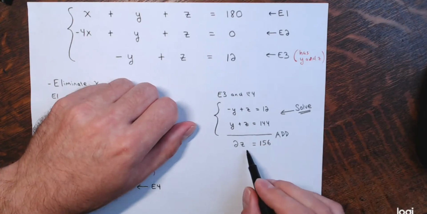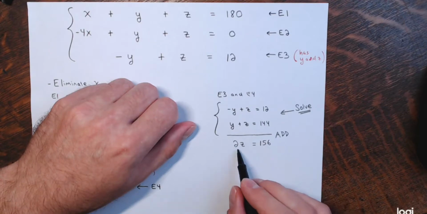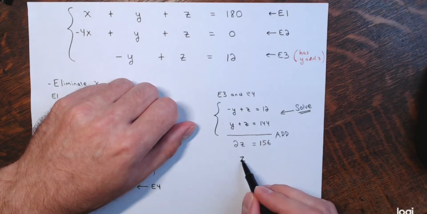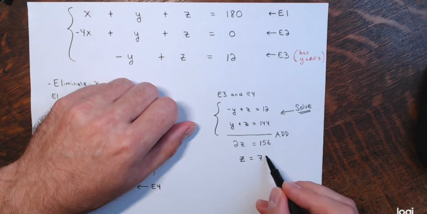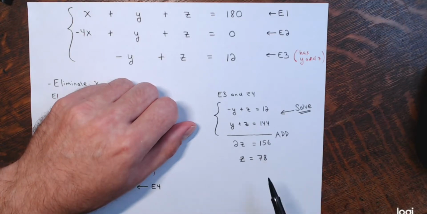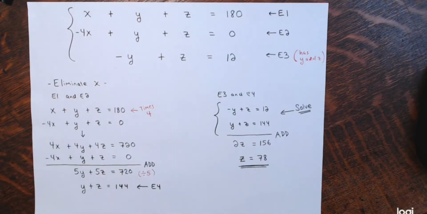Then I can solve for z easily here. Divide by 2. So z would be 78, 156 divided by 2. So there is the measure of the third angle. Remember, z represented the measure of the third angle.